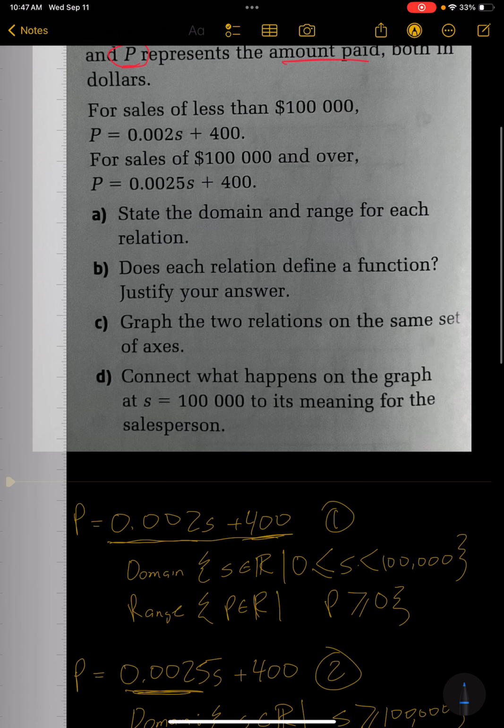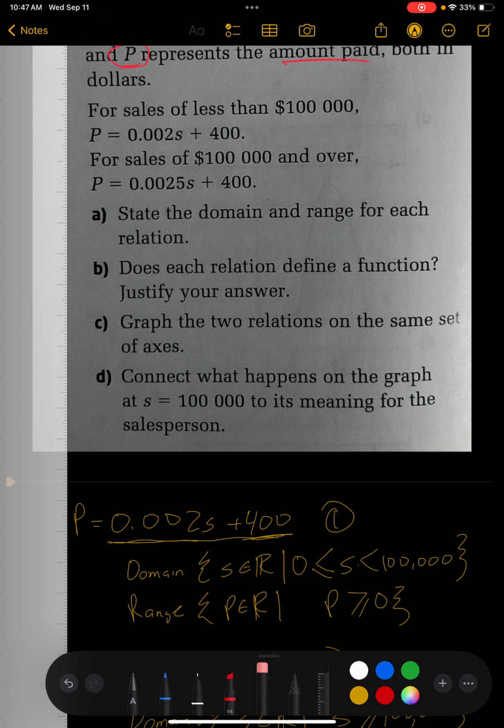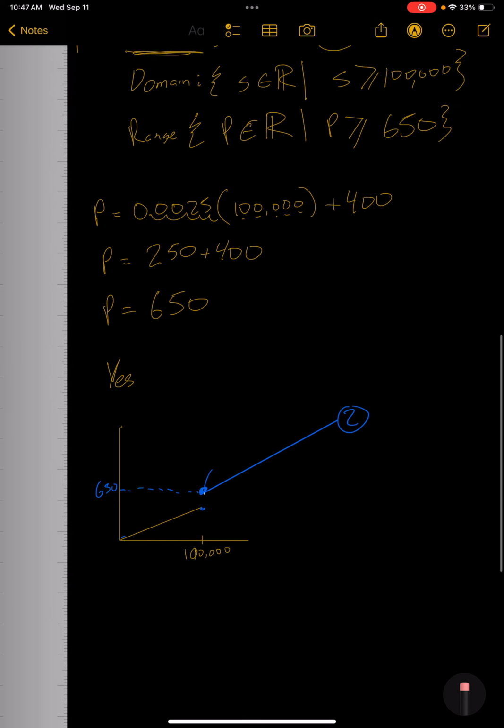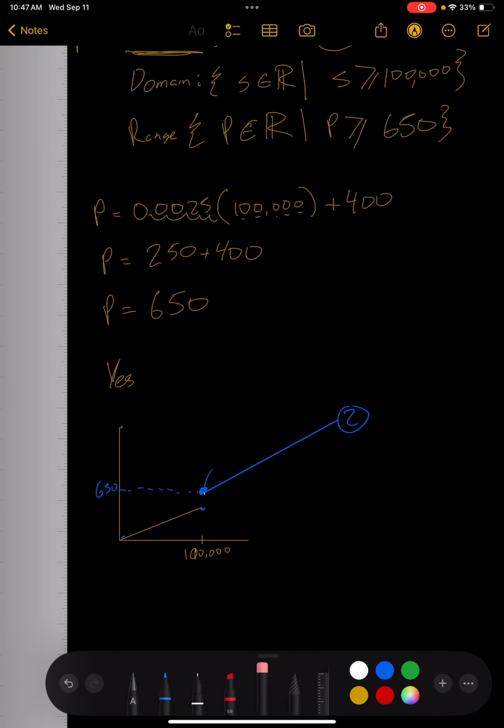Okay, so let's read it. Graph two relations on the same set of axes. I already did that. And connect what happens on the graph at S equals 100,000 to its meaning to the salesperson. Okay, so what does this mean to the salesperson?